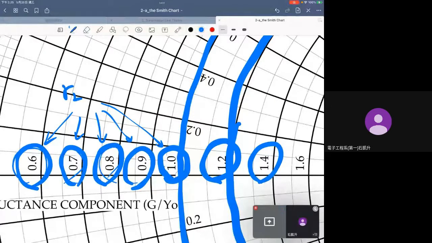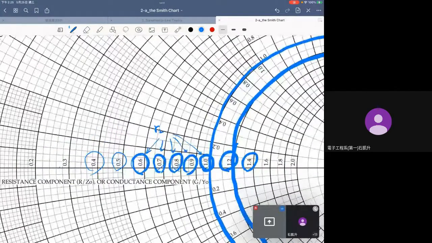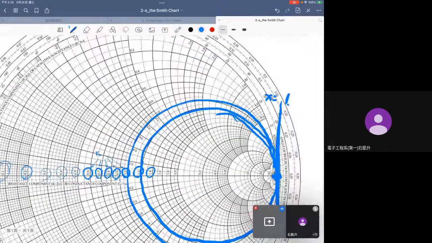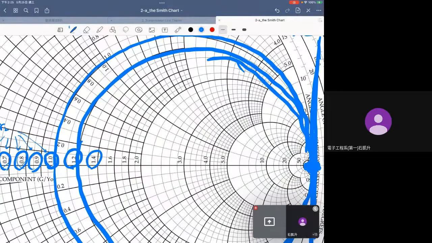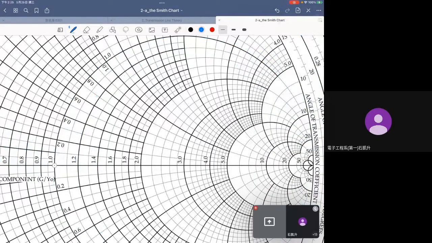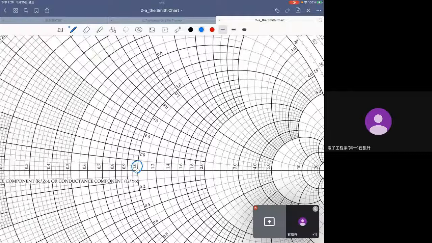Okay? This is RL equals to the 0.1 circle, and 0.2, 0.3 for all of them. Those are all the RL.